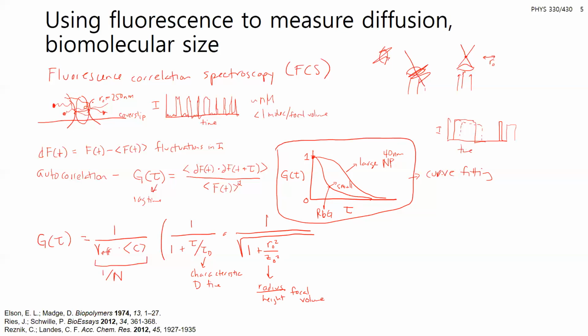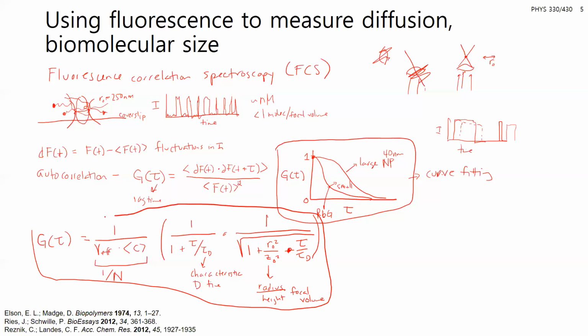So this is the confocal focal volume here, multiplied, it should be multiplied, again, tau over tau d. So this is what you fit FCS data to. This is exactly why I upload the PDFs, because it's much nicely organized compared to this.